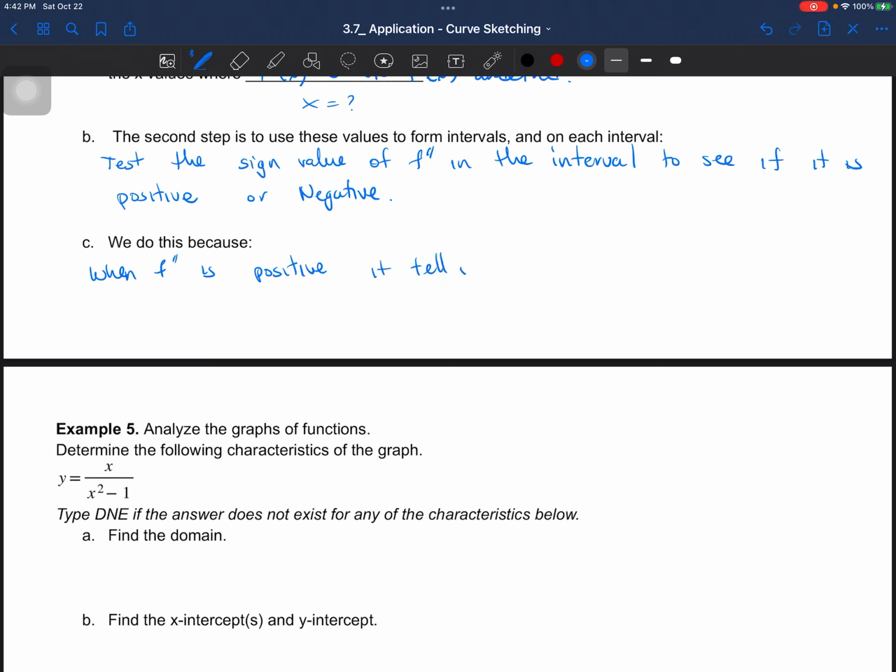Because by doing this, when f double prime is positive, it tells us that f of x is concave up on that interval.